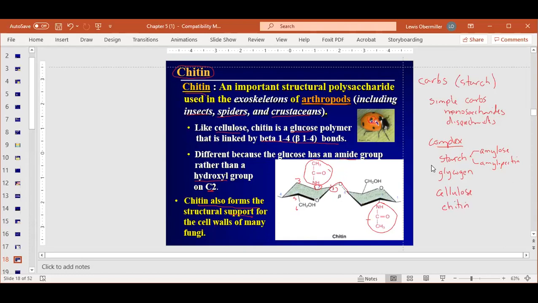So on the test, I might ask you, for starch, is amylose straight, chained, or branched?